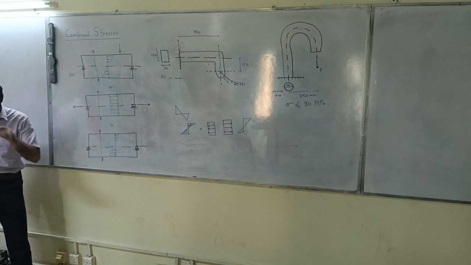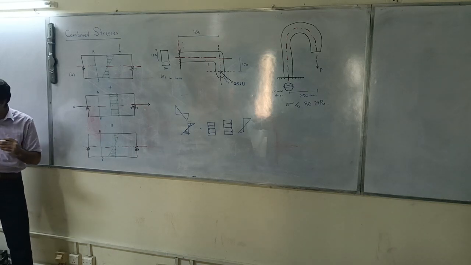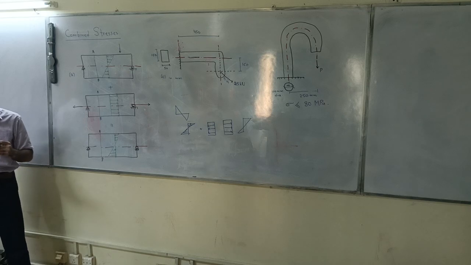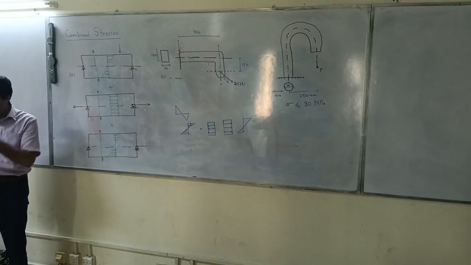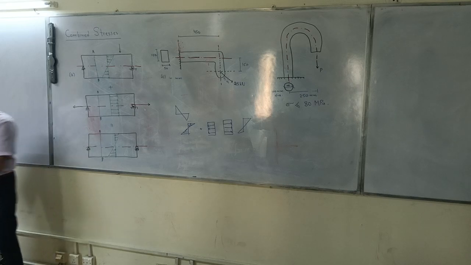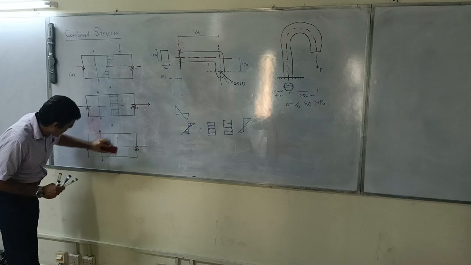Yesterday we discussed that the way to shift your neutral axis is via the applied load, isn't it? In the unsymmetrical bending, I told you that if you change the applied load, you will change or shift your neutral axis. So let me make it a bit more clearer for you guys.